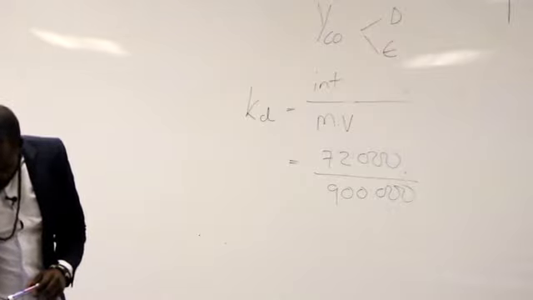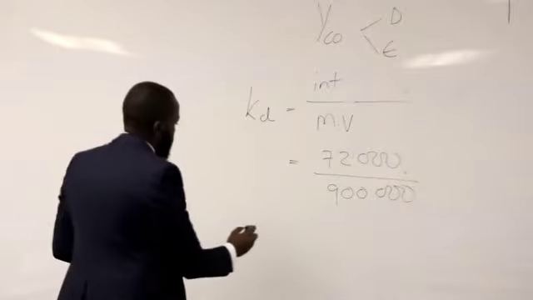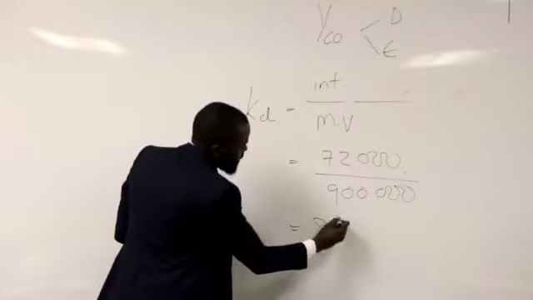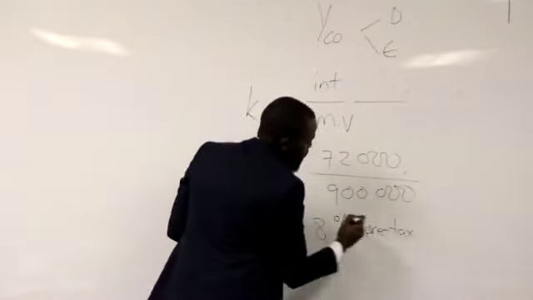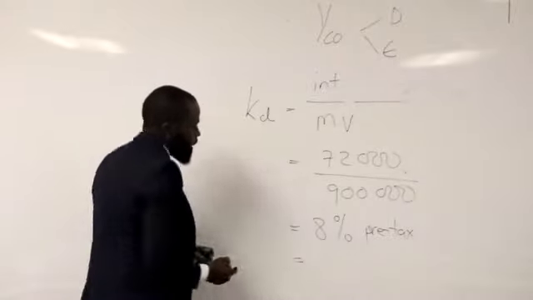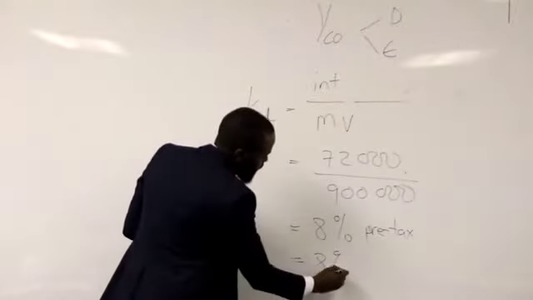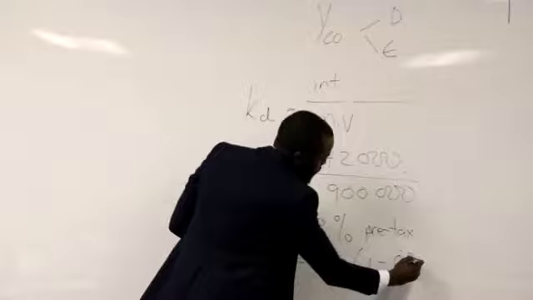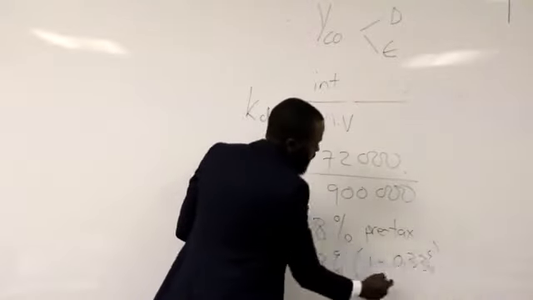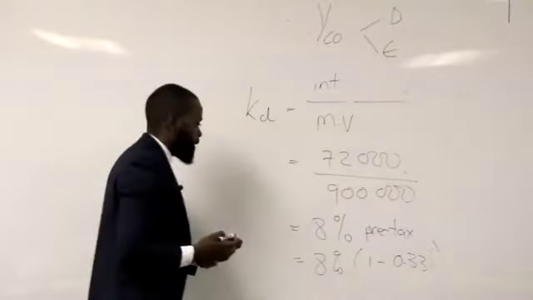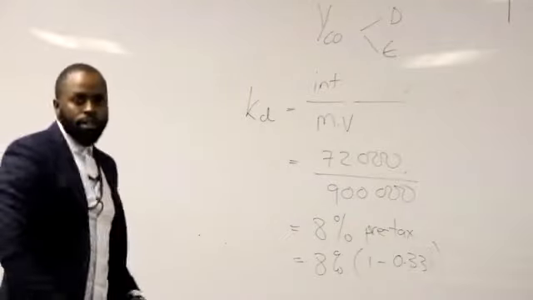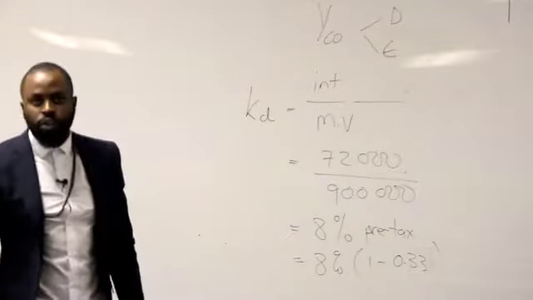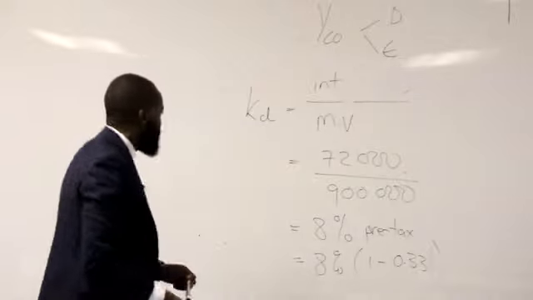Divided by 900,000, what we get is 8%. 8% is pre-tax. If we want it post-tax, we take 8% times 1 minus 0.33, so it is as a decimal. Here I'm going to keep it as pre-tax because the next question requires us to calculate the cost of the equity.